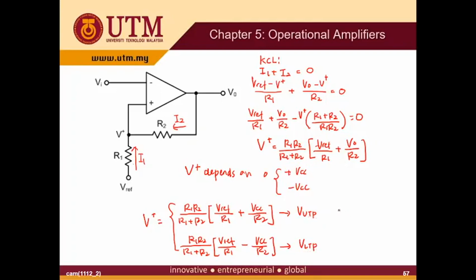VUTP will trigger only when your present V out is equal to plus VCC, and VLTP is triggered only when your present V out is equal to minus VCC. So this is basically the analysis of the Schmitt trigger.